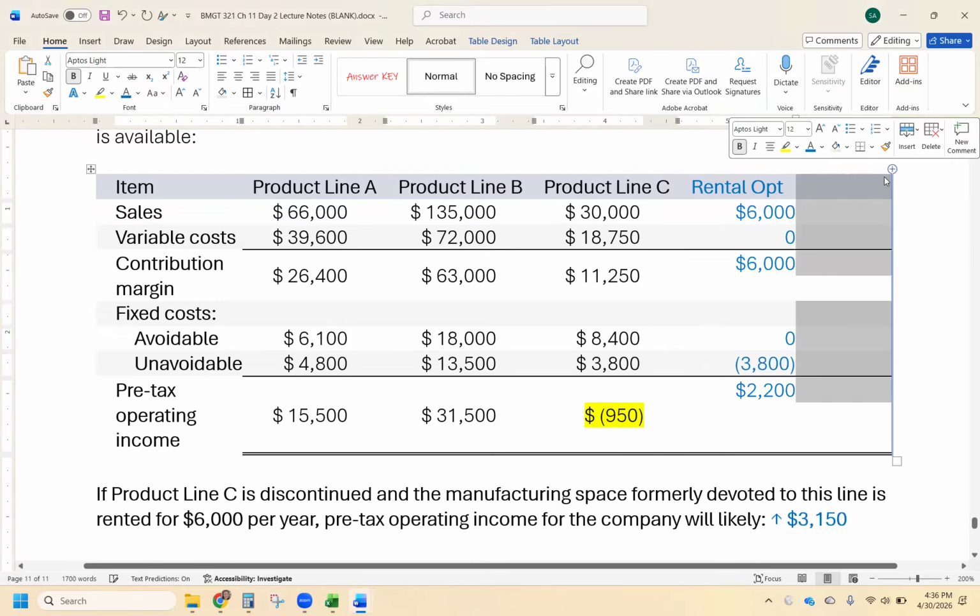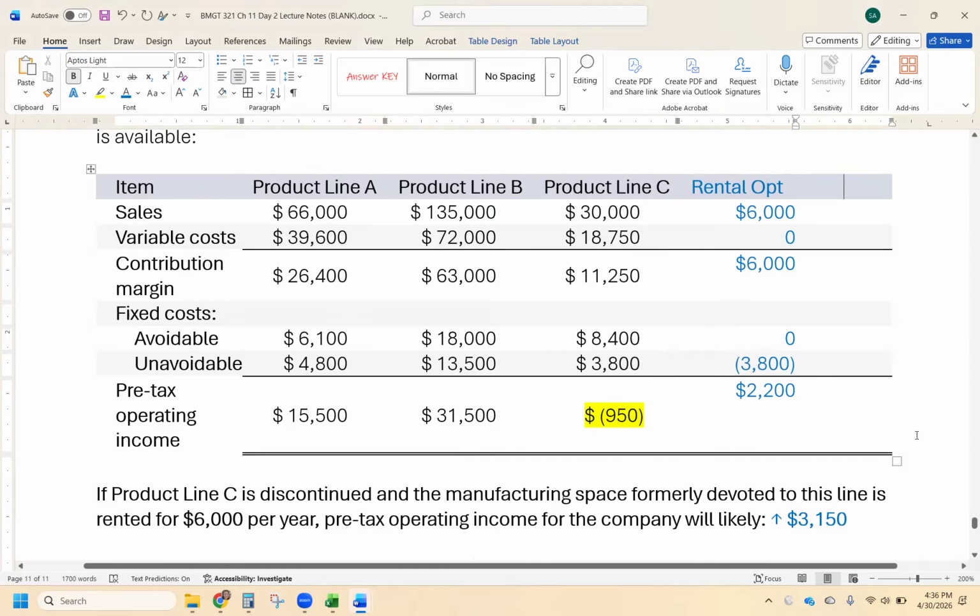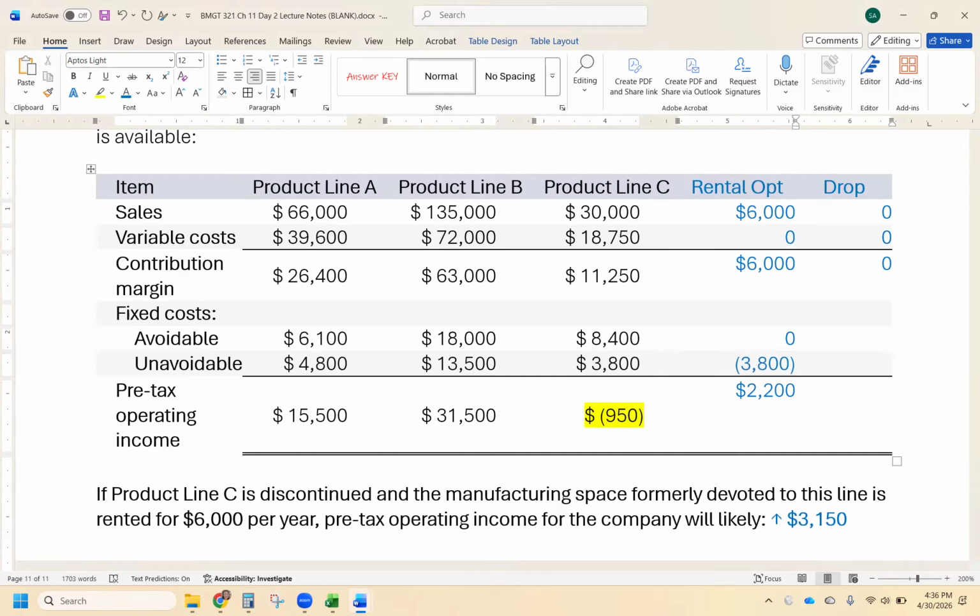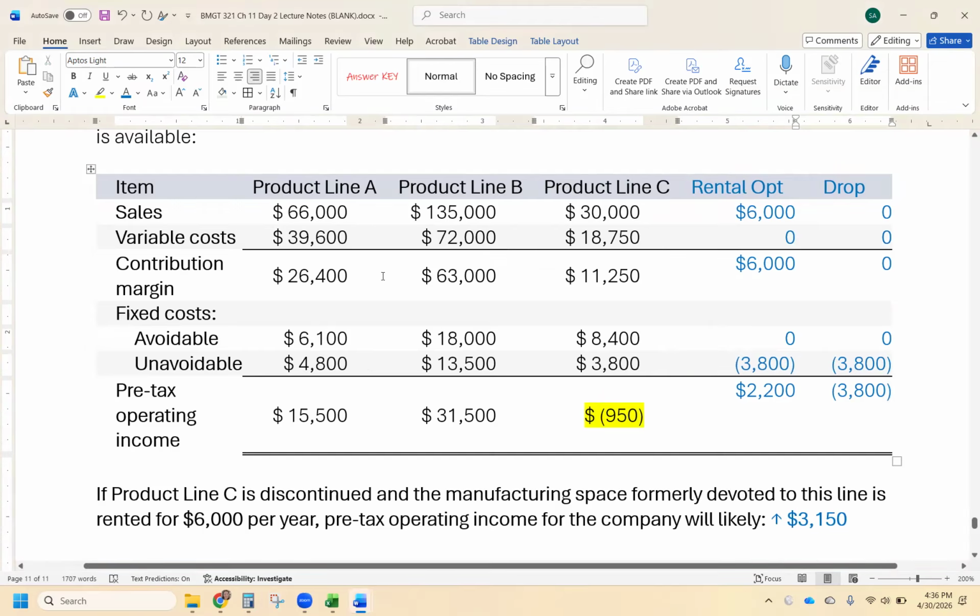If we don't do the rental option, if we just drop, we'll have 0 sales, 0 variable cost, 0 contribution margin, 0 avoidable, negative 38 unavoidable, and negative 38 income. So technically we have 3 options here.